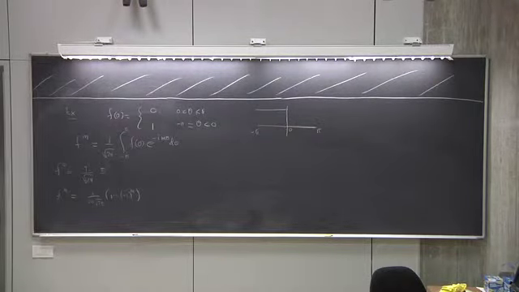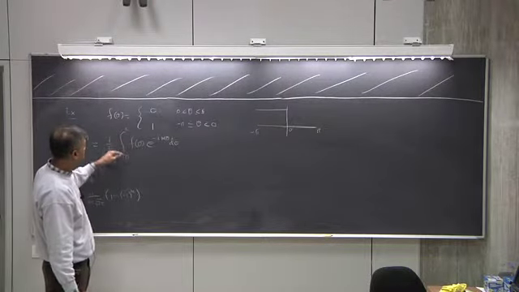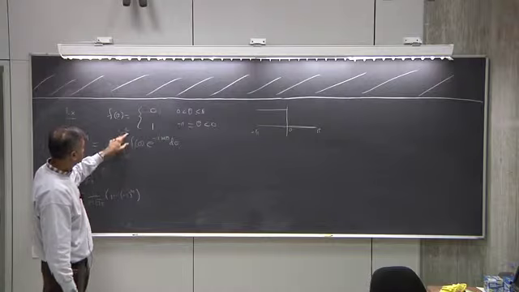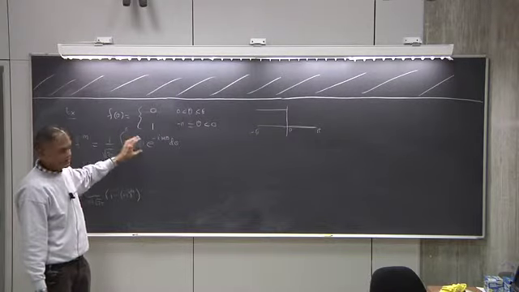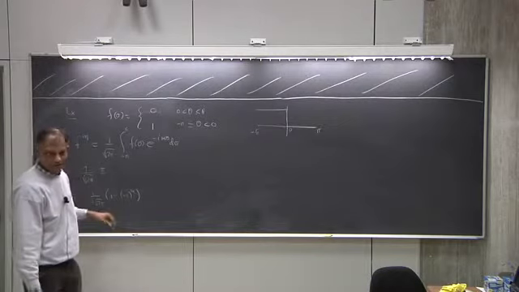We worked it out explicitly. You just have to integrate, and the integral will just go from minus pi to 0, because from 0 to pi f is 0. So we just integrate e to the minus i m theta from minus pi to 0, and you get this answer.